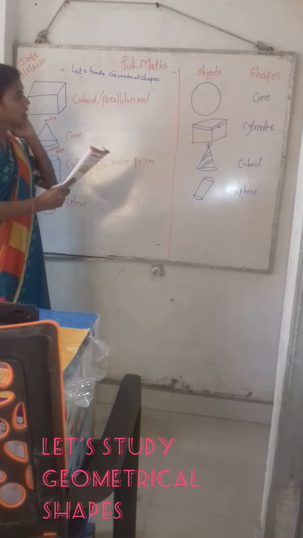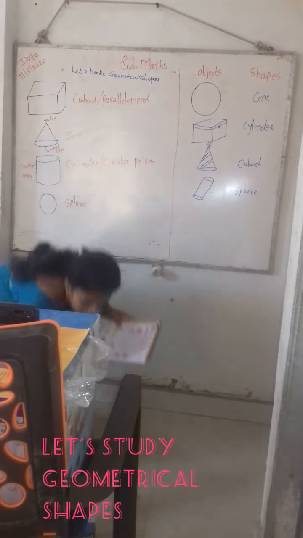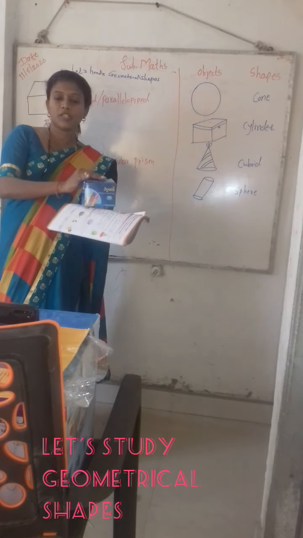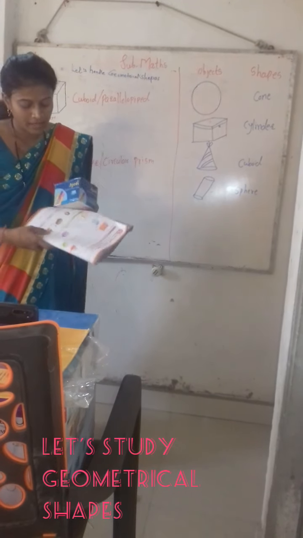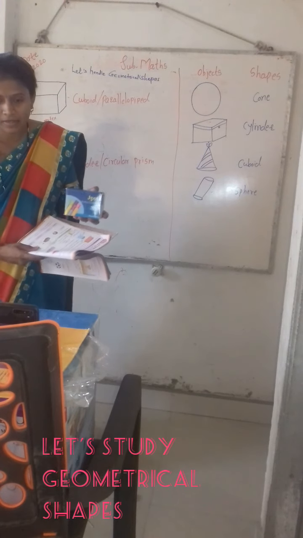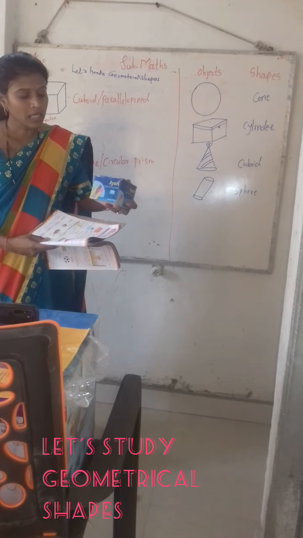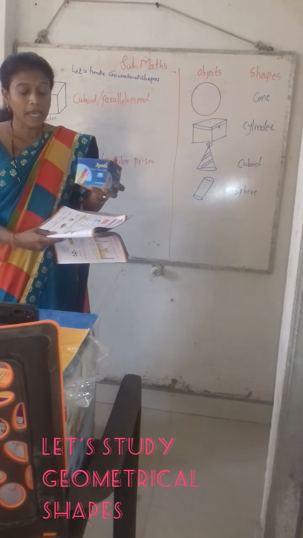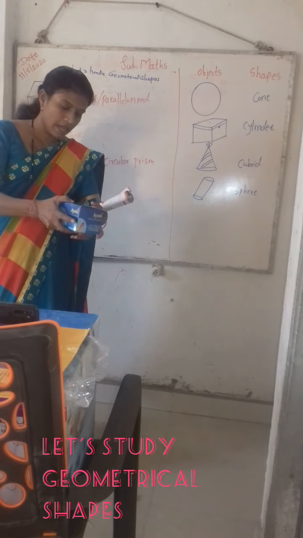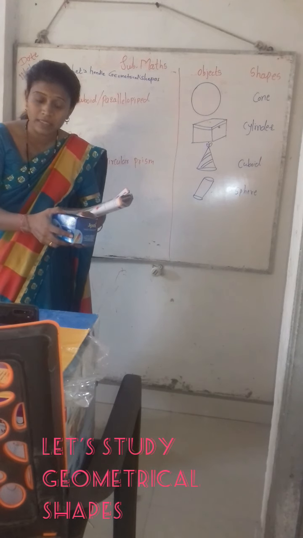Now, our next point is to know more about our shapes. Can you understand which shape this is? Its shape is like a cube, means cuboid. See here. It has so many vertices and so many edges. Just like it has 12 edges.